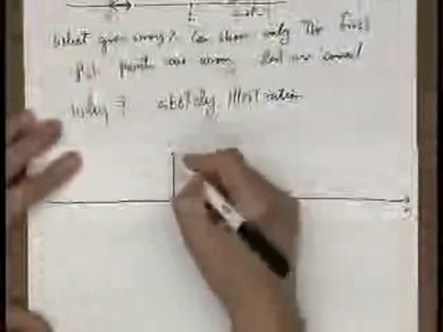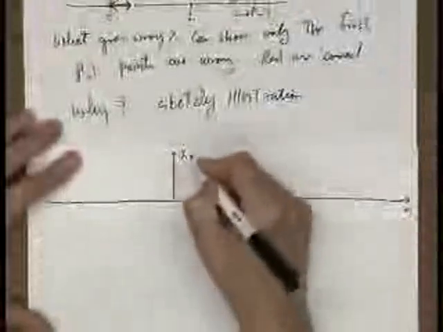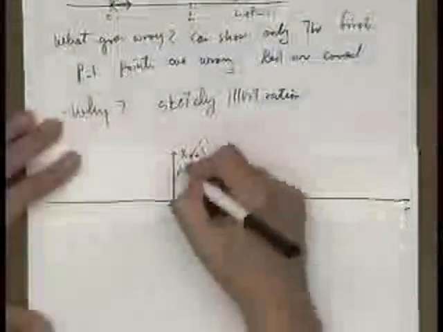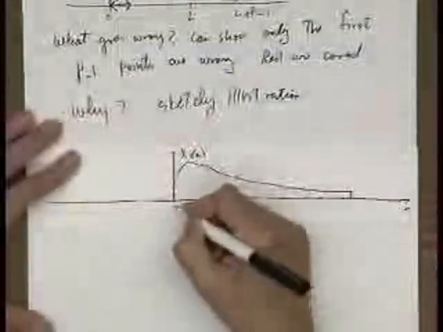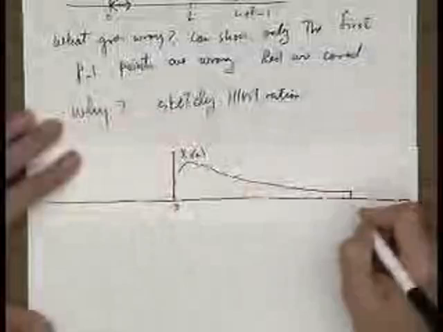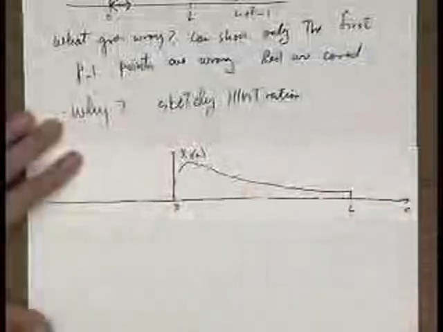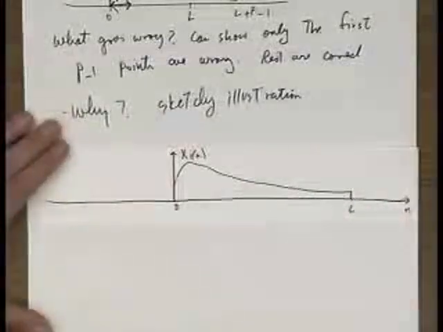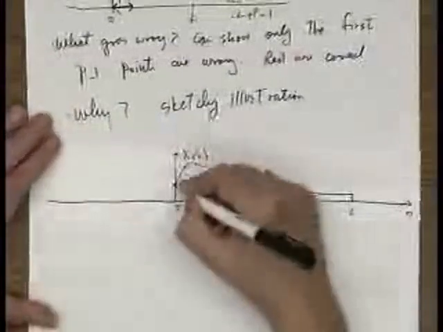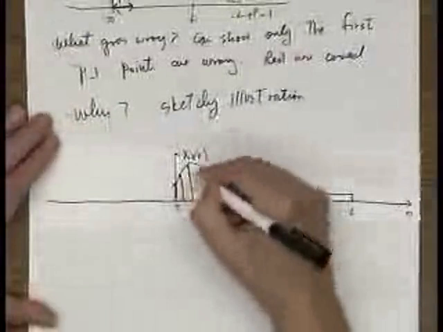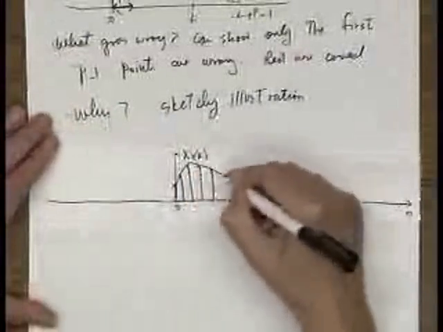Here's my sequence as a function of n. Here's x1 of n, and suppose I have a sequence that goes all the way to here. It starts at index 0 and goes all the way to index L. That's my long sequence, right? L is much larger than the P-point sequence. And it's got these points. These are the discrete samples of it.